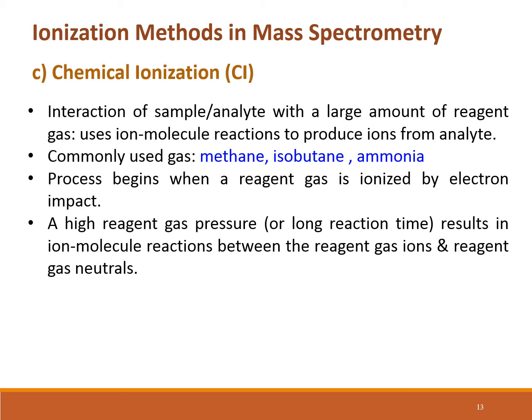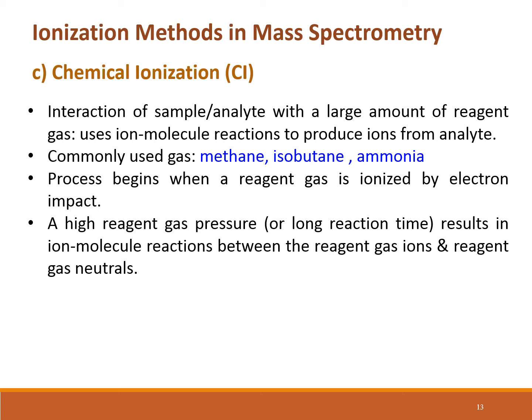The third one is chemical ionization, CI. It involves the interaction of the sample or analytes with a large amount of reagent gas, using ion molecule reactions to produce ions from analytes. Commonly used gases are methane, isobutane, and ammonia. The process begins with the reagent gas being ionized by electron impact.